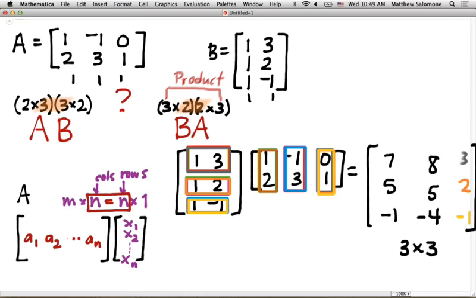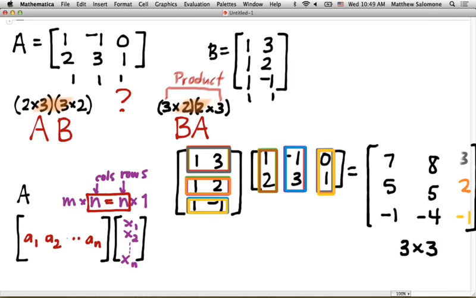Because we would be asking to take a linear combination of a set of vectors where we don't have the same number of coefficients as we have vectors. So that we either have too many vectors and so some have no coefficients, or we have too few vectors and so we have too many coefficients to go around. In order to form this product, we needed to have the number of columns of the matrix equal the number of rows in our vector.